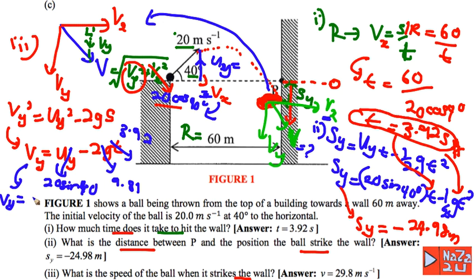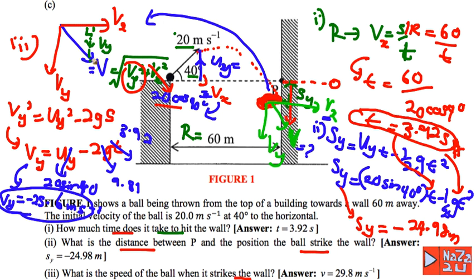Using the calculator, vy is equal to negative 25.6 meters per second. Now you can use the value of vy and the value of vx, 20 cos 40, in the equation to find the value of v.